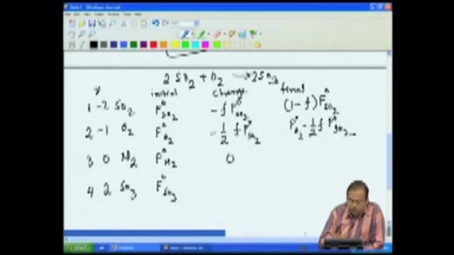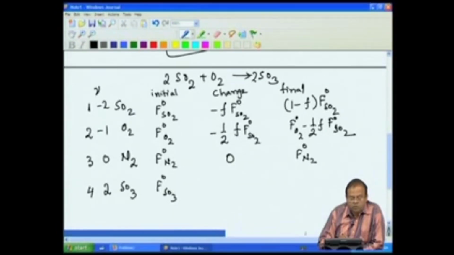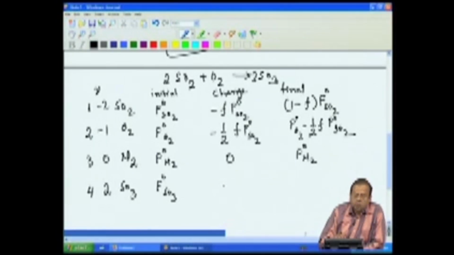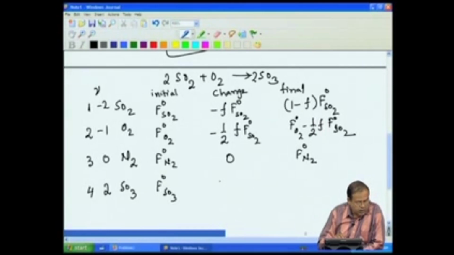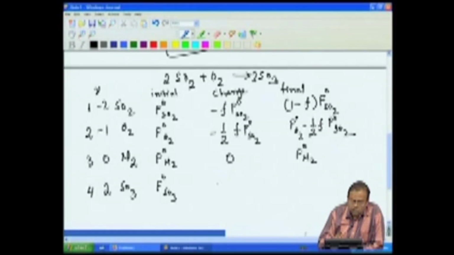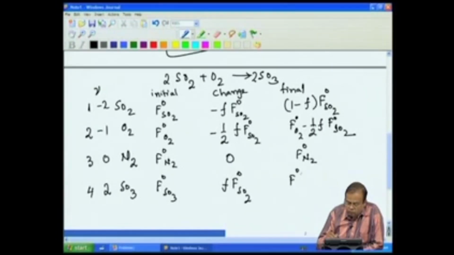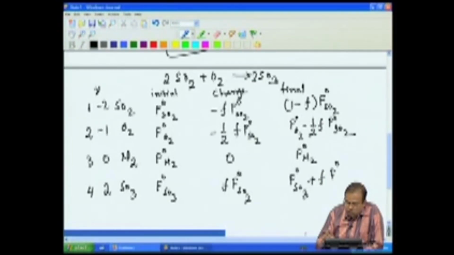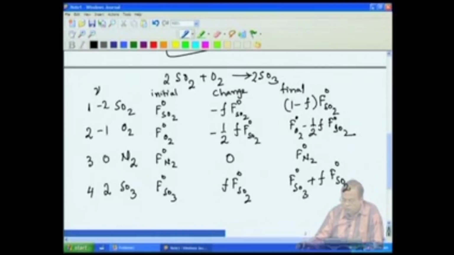nitrogen is not participating. So, it remains the same as before, and for SO3 we use the same formula as we had written. So, this will be minus 2 by minus 2. So, this will be simply F into F naught of SO2. So, this will be F naught of SO3 plus F into F naught of SO2.